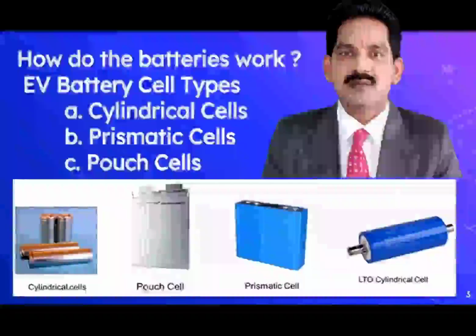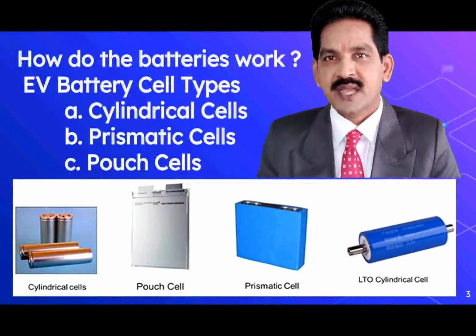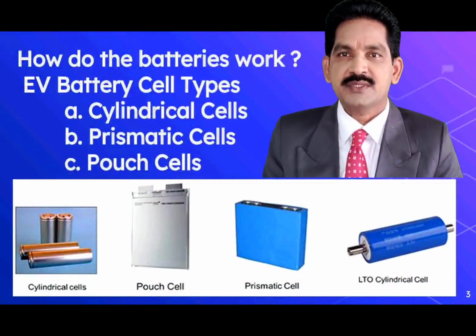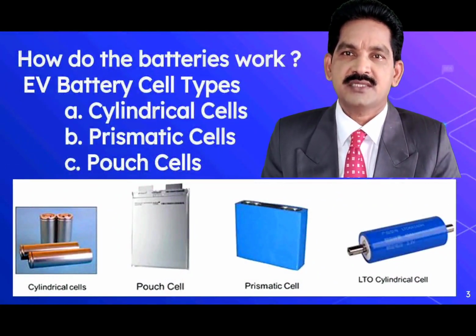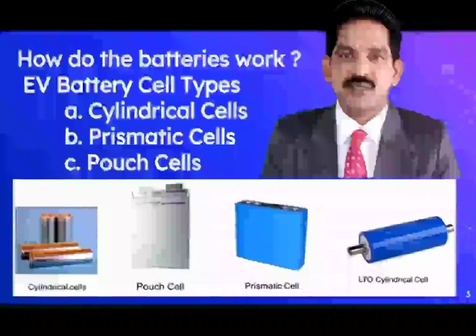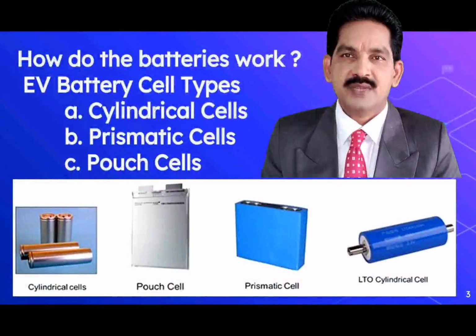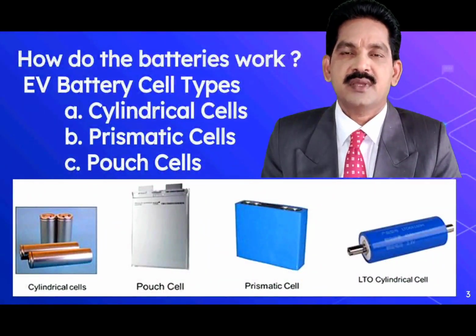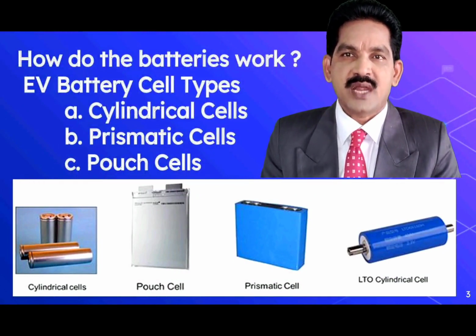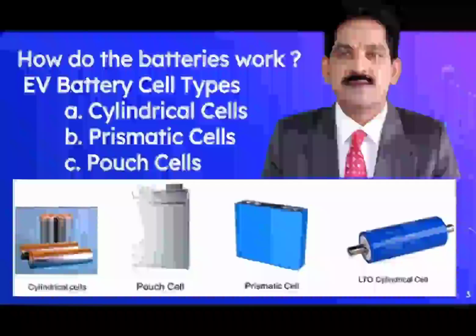Because of their shape, cylindrical cells have limitations in terms of power. For this reason, electric vehicles with smaller batteries such as hybrid vehicles use pouch or prismatic cells to deliver more power during accelerations.